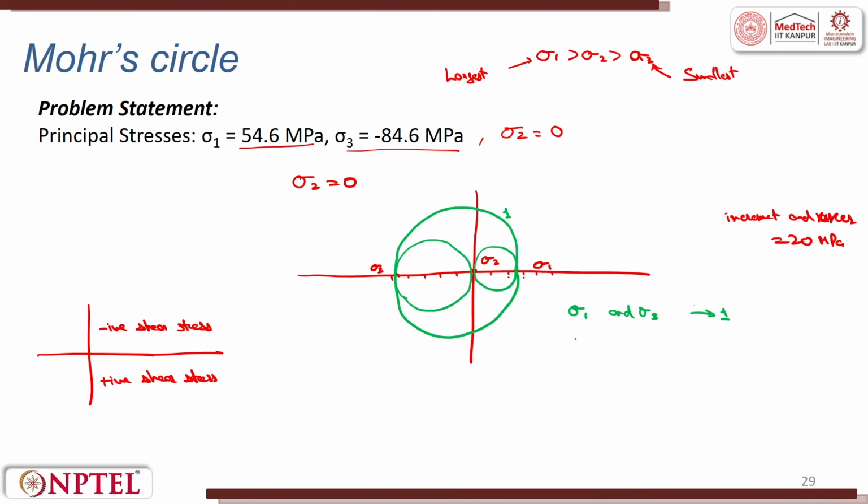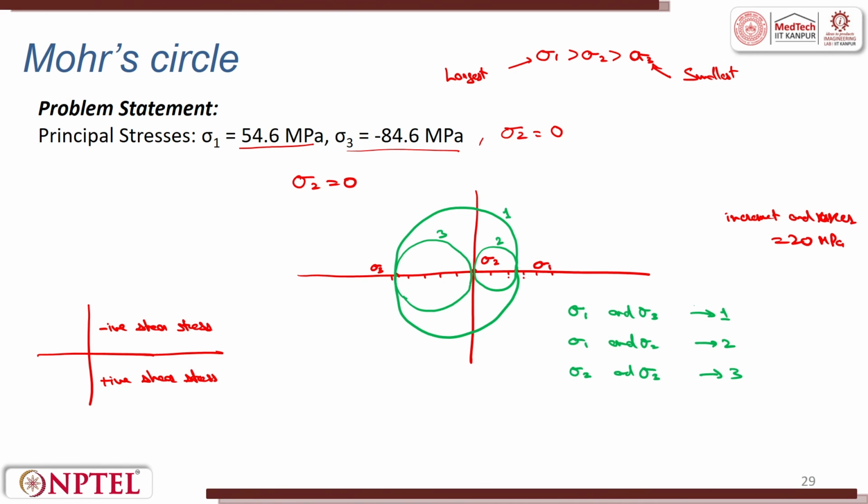Then sigma 1 and sigma 2 give me another circle, circle 2, and I have sigma 2 and sigma 3 as another circle, which is my circle 3. So, 3 Mohr circles can be drawn based upon the 2 principal stresses.